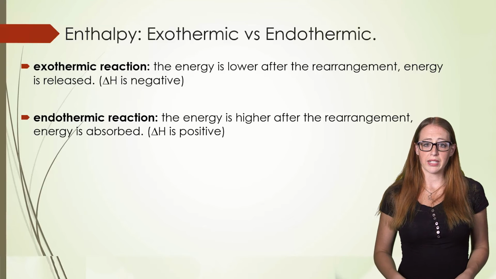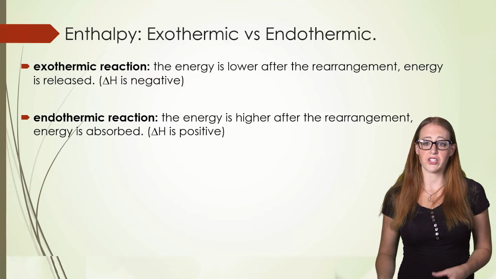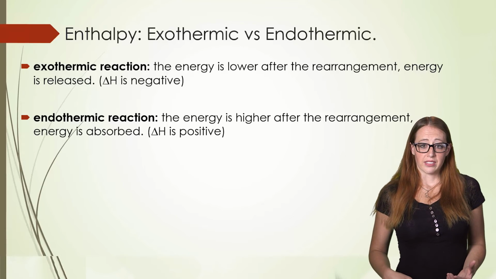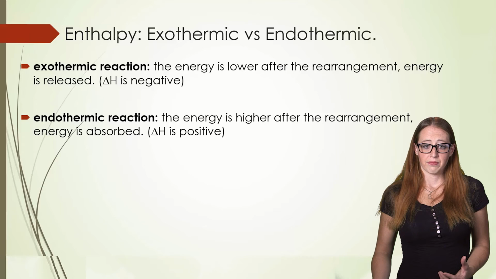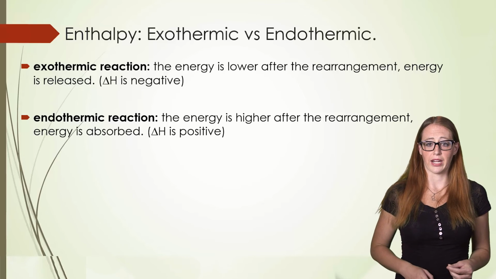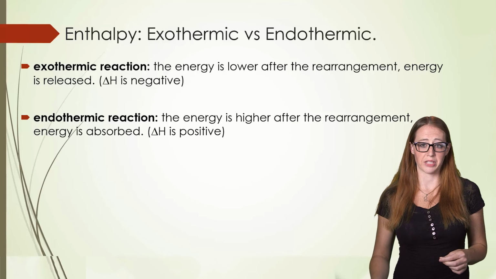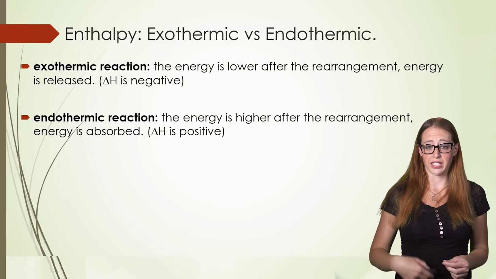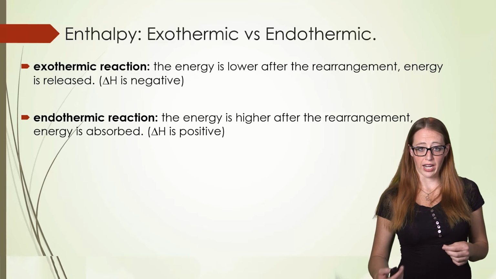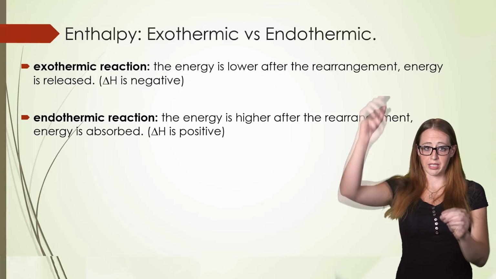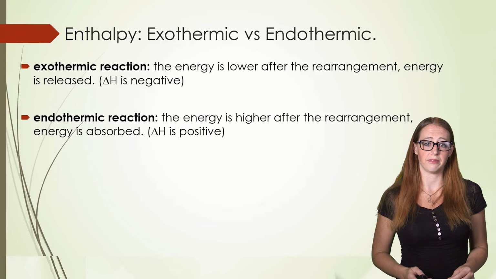An exothermic reaction has a lower energy after the rearrangement. This means that the energy difference is going to be released. Meanwhile, an endothermic reaction, its products have a higher energy after the rearrangement, which means that the energy is absorbed. So for exothermic, the products are lower than where it started. For endothermic, the products are higher than where it started.